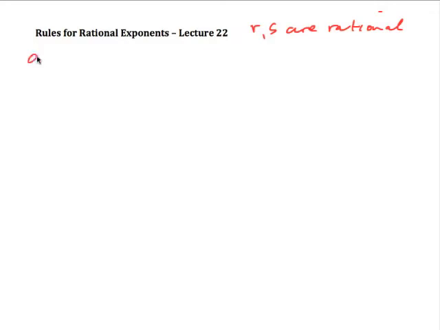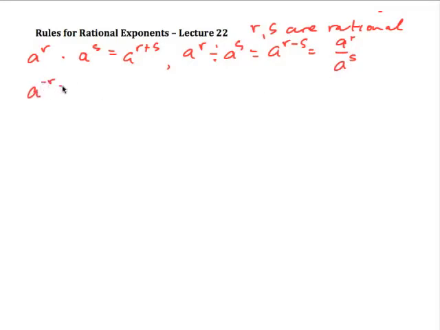So the first one is that if I have a to the r and I multiply by a to the s, then we simply get a to the r plus s. If I have a to the r divided by a to the s, then I get a to the r minus s. Okay, that's the quotient rule really, because that's simply a to the r over a to the s. Okay, we also have a to the negative r is going to be 1 over a to the r.